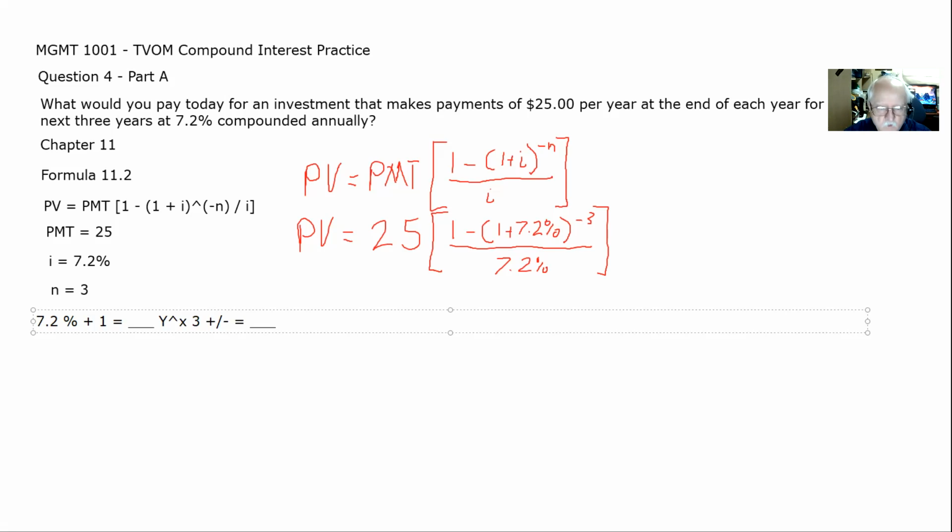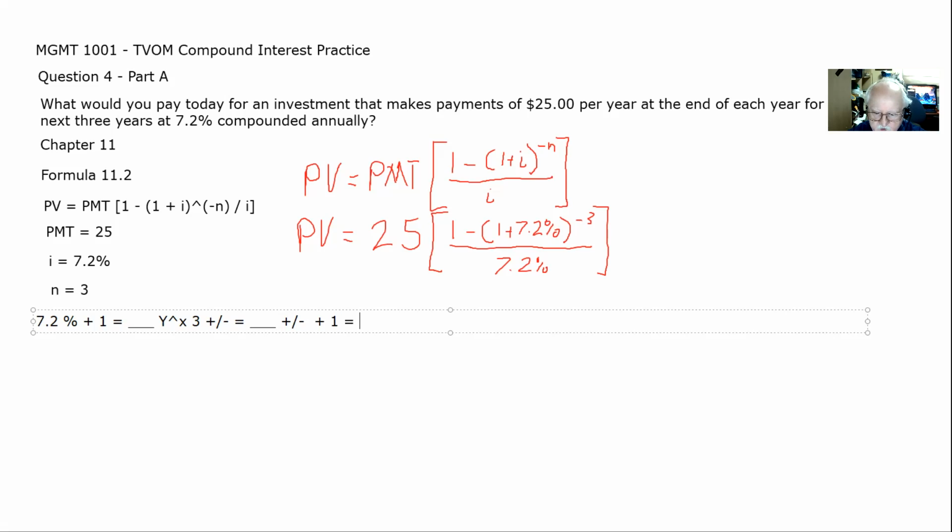And now we've got a number, but we've got to take it away from 1. So instead of taking it away from 1, we're going to make this number negative, so we hit that plus minus key again. And now we can go plus 1, because adding a negative amount is the same as taking away.